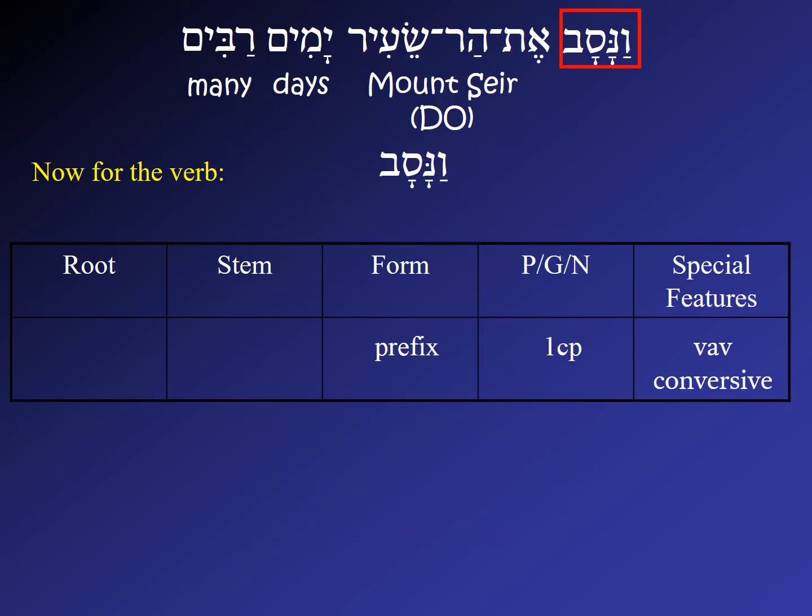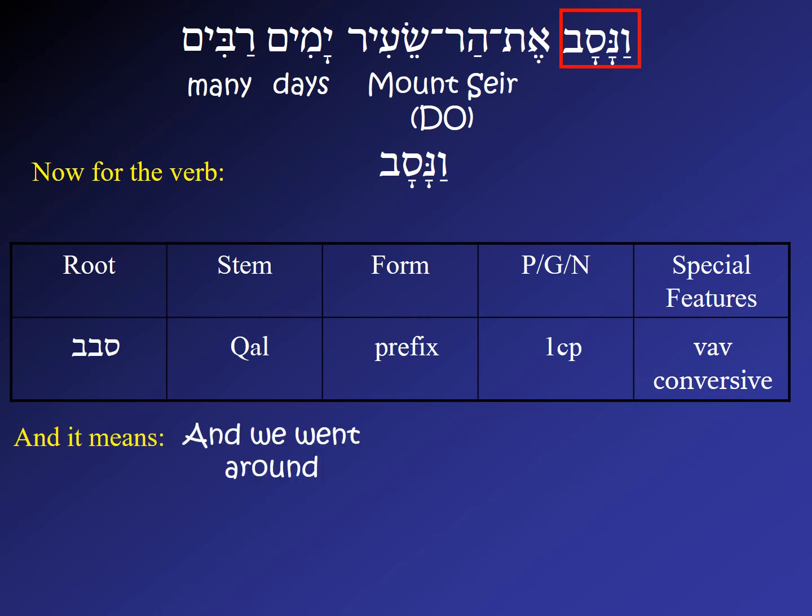Alright, so now we can return to our form here, vanasav. We've already identified this as a prefix vav conversive of first common plural. Now we are able to recognize this root as savav, which is geminate, and the stem simply as cal. So this then means, and we went around, or it could mean we surrounded.